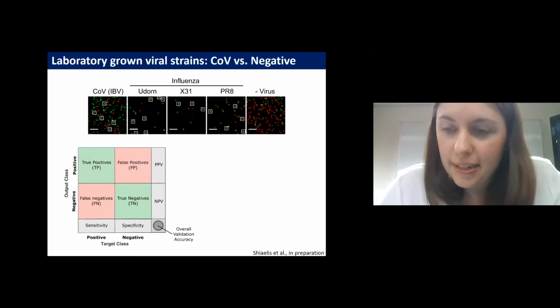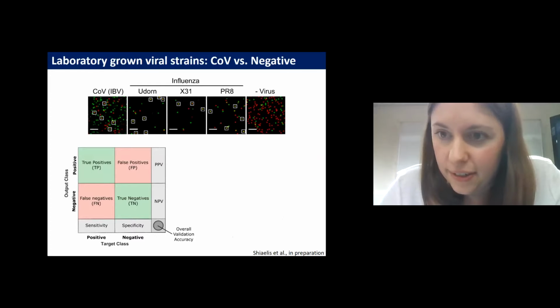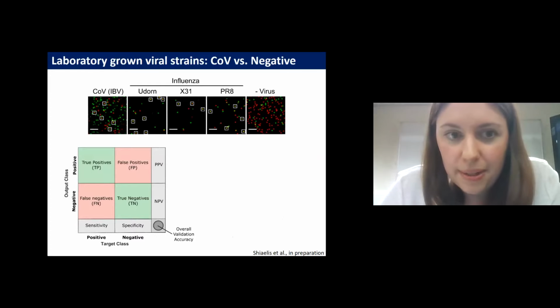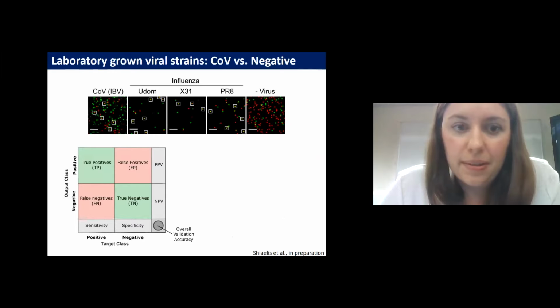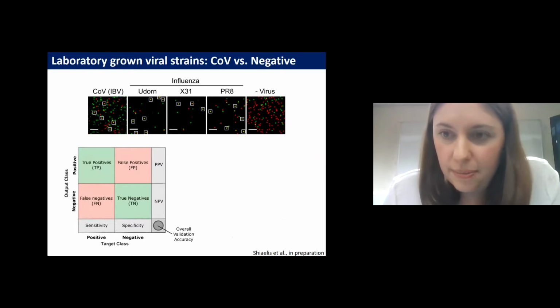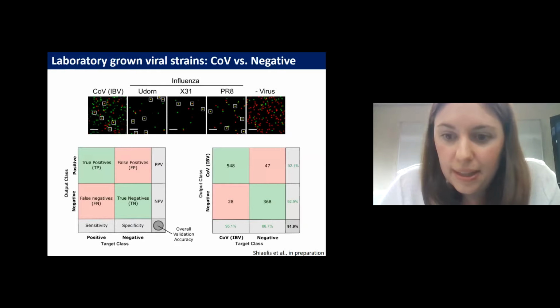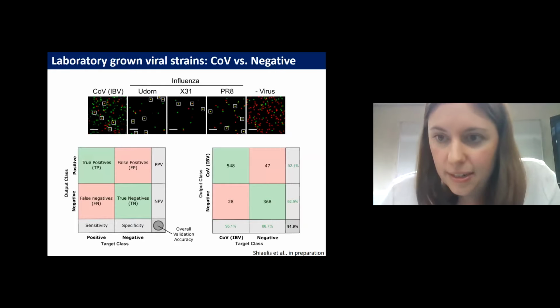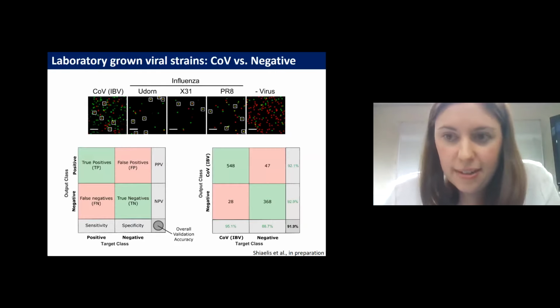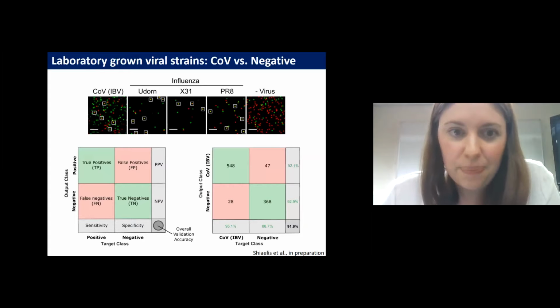So if we started with our laboratory grown viral strains, because they're the easiest to work with. Again, just to remind you, we've got coronavirus and 3 flu strains. We showed that we could really nicely distinguish between IBV and the negative with around 92% validation accuracy. So that was really exciting.